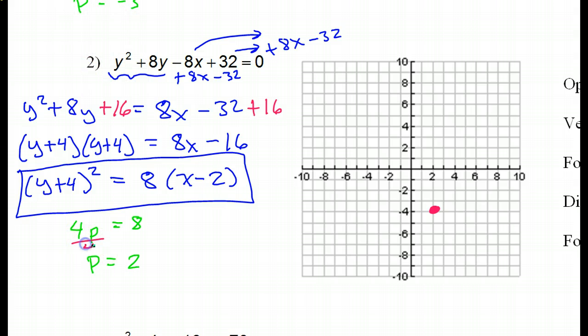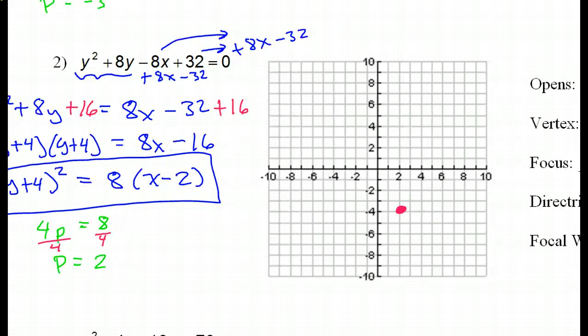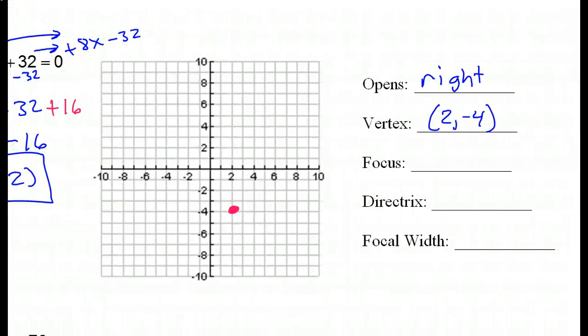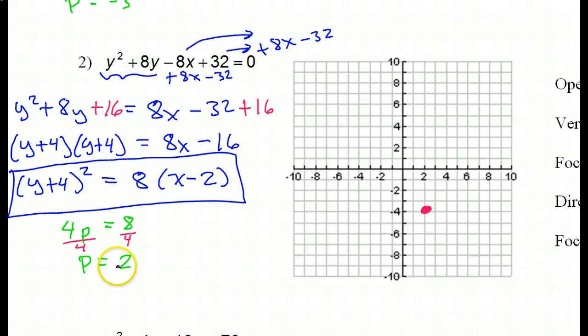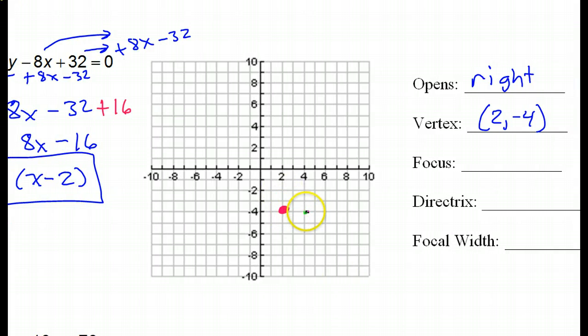Because we divide. So p is equal to 2. Now that tells me where the focus goes. We already know it's going to go to the right. But now we know, because of the p, we know it will be to the right 2. Starting from the vertex. So we go to the right 2, and there's the focus.